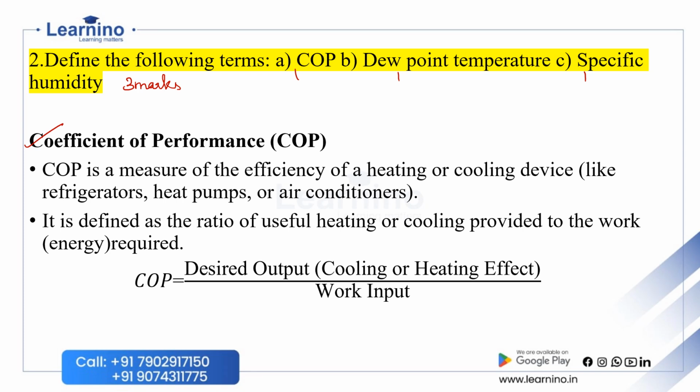So the coefficient of performance is equal to the desired refrigerating effect, or desired output, divided by the work spent in producing the refrigerating effect, that is the work input. That is the definition of coefficient of performance.